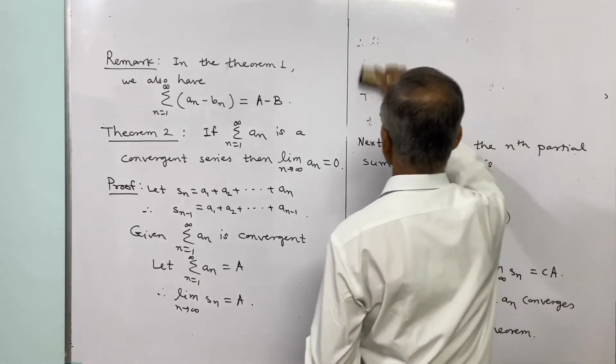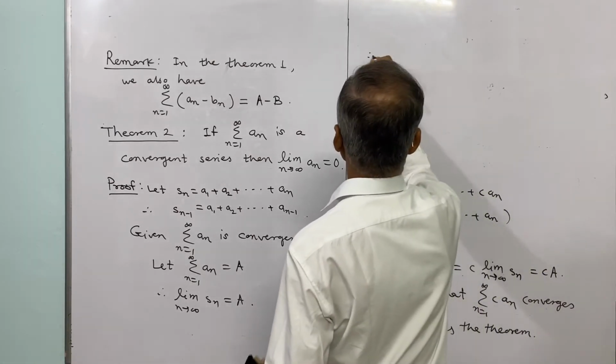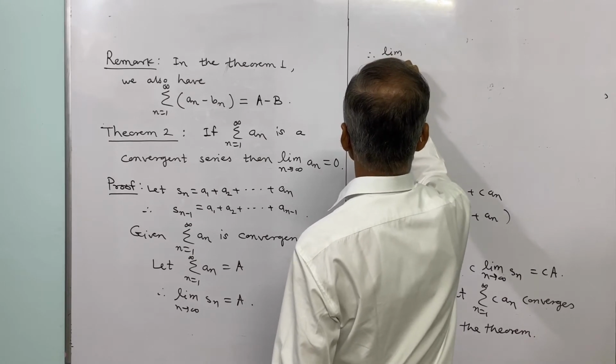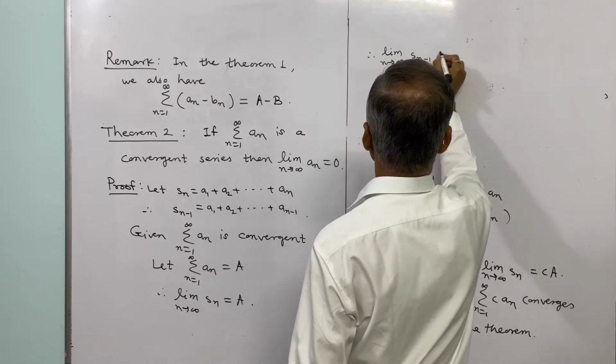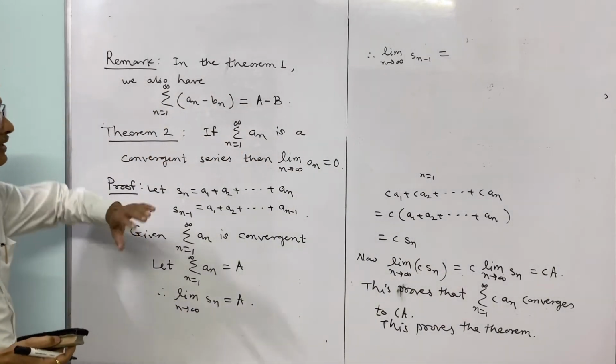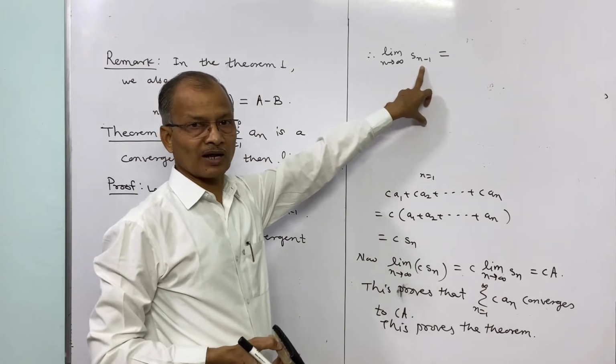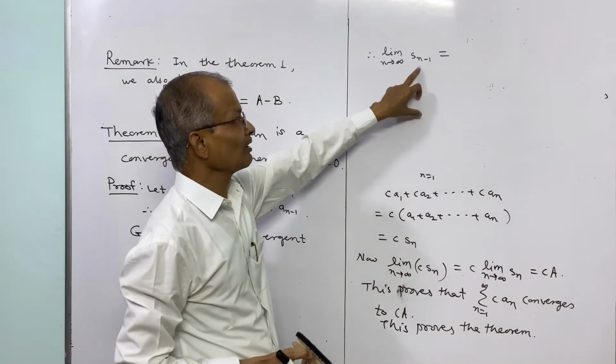So the limit as n tends to infinity of Sn minus 1, what will this be? Now you see, as n tends to infinity, Sn minus 1 also becomes larger and larger, or n minus 1 also tends to infinity.